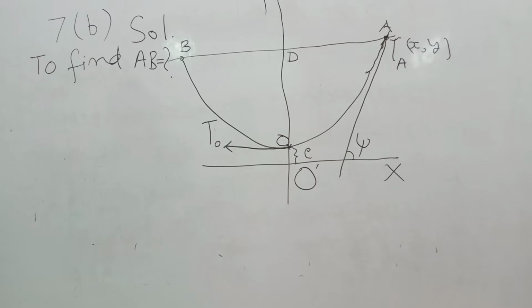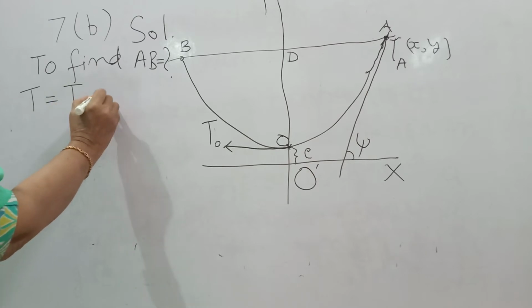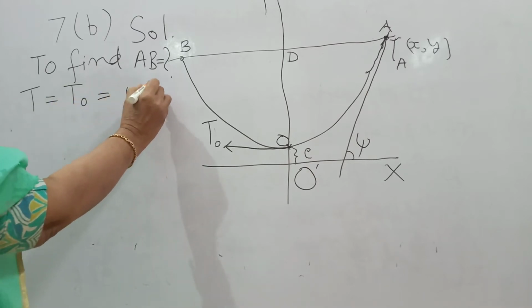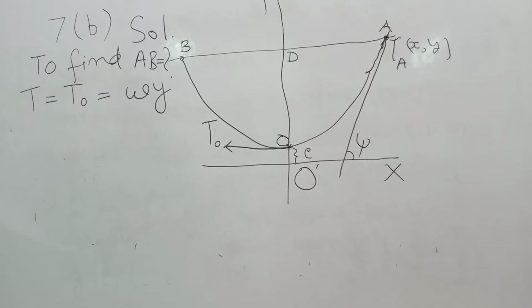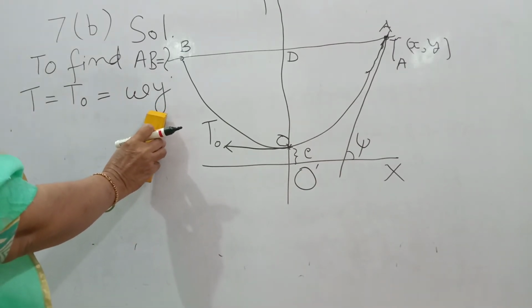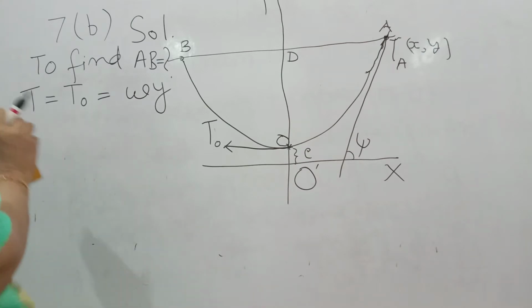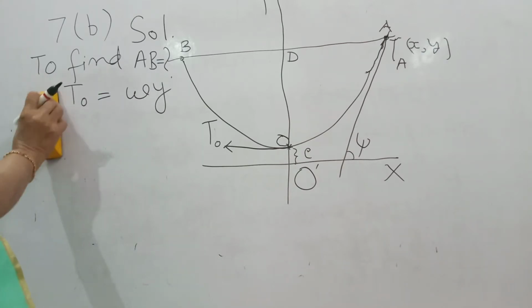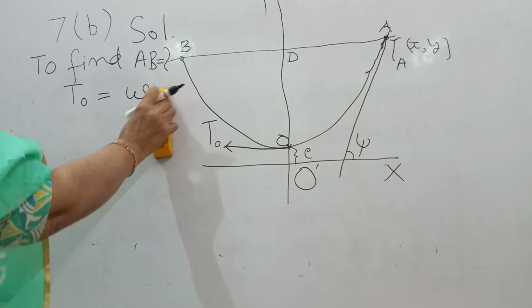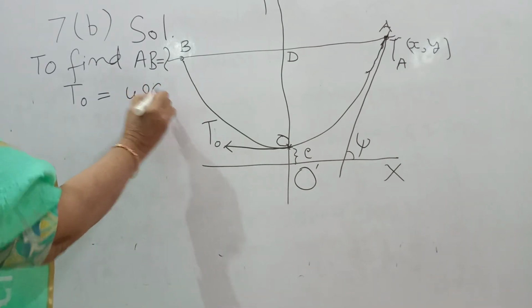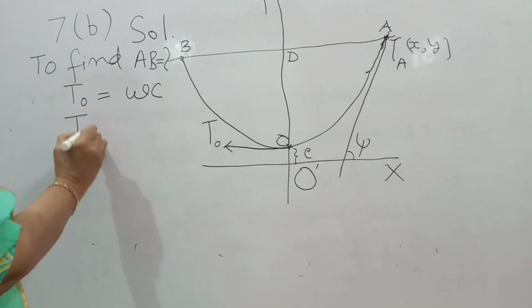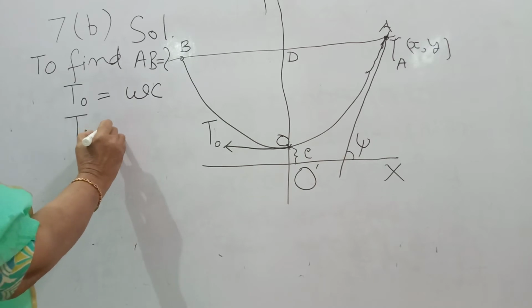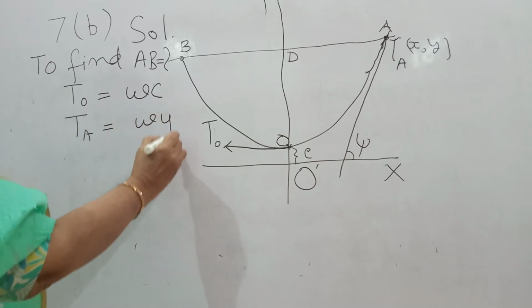And we know that for the common catenary, T is equal to Wy. This is also a result. T0 is Wc and TA is equal to Wy.